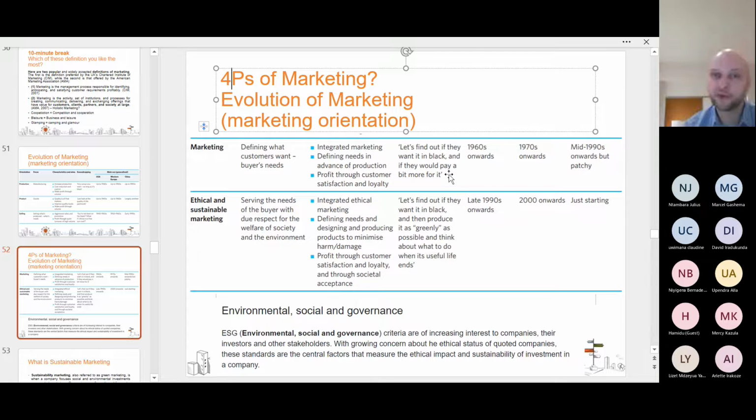There is one negative moment of marketing orientation: if we strictly follow the marketing concept, we'll never invest in innovations, because we just want to be sure of what customers want, and we produce only what they want. We will not try to produce something that probably will not be used by the customers. So marketing orientation is a good strategy and concept, but still the negative aspect of it is the lack of innovation.